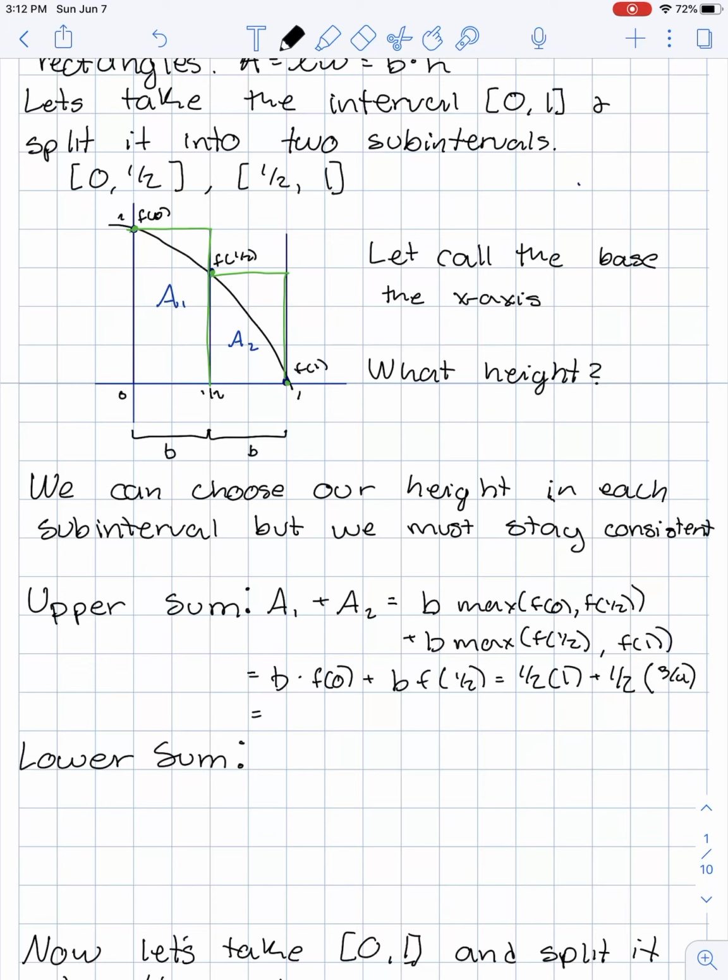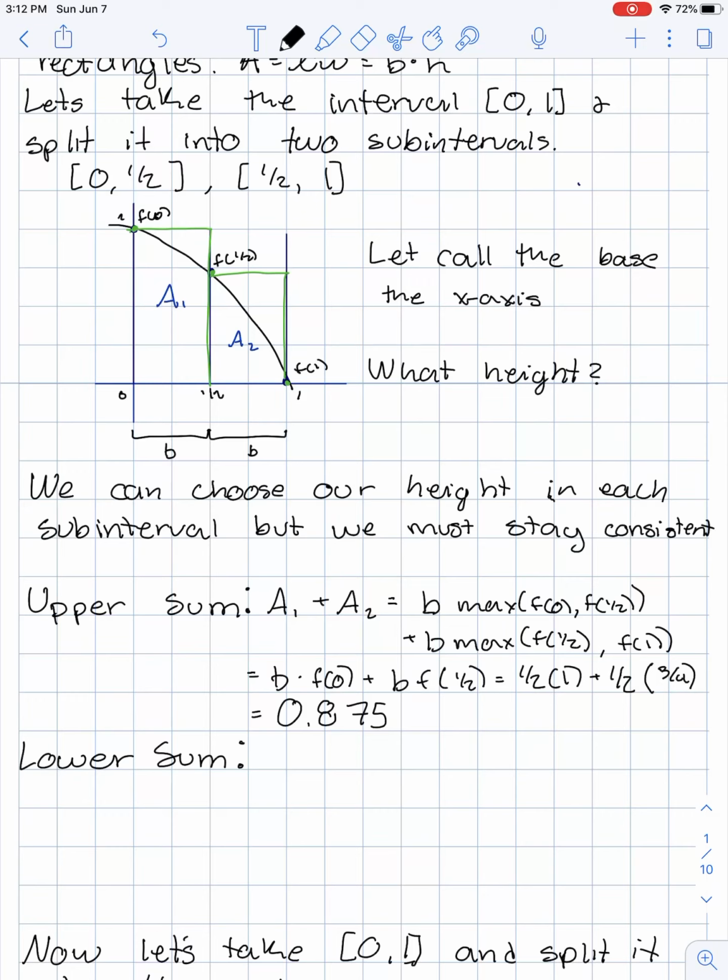And that equals 0.875. Right? So we take the upper sum, and it's going to be our base times our height plus base times our height of each rectangle. And our height is going to be chosen between the greater endpoint. So whichever endpoint is higher. All right?